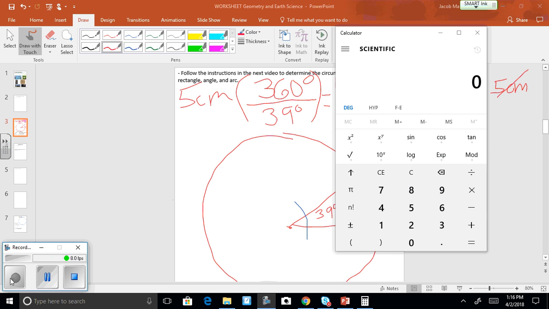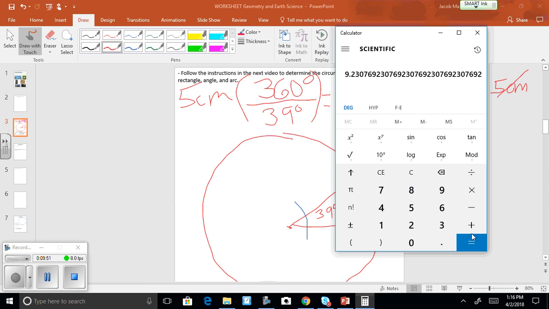Now I can get my circumference. There's a couple of ways you can do this, but quite simply, all you got to do is maybe do what's in the parentheses first, in this case 360 divided by 39. Okay? You're going to get that number. Then you're going to multiply it times the 5, and there's your circumference, okay?